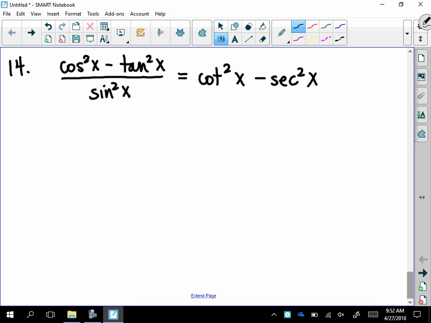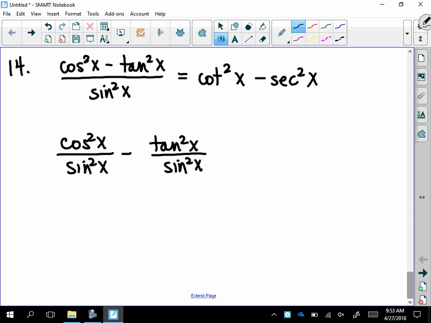All right, again, I can change everything to be in terms of sine and cosine, but look for the easiest things that you can. Here, I could separate this out as cosine squared over sine squared, and then tangent squared over sine squared. What's cosine over sine? Cotangent squared.